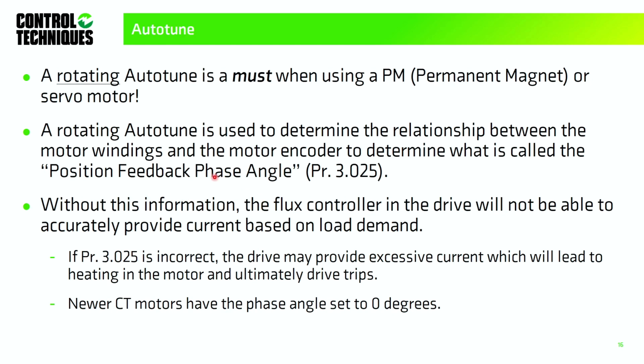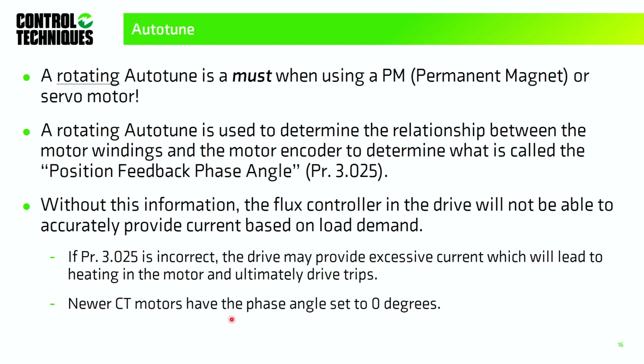Without a proper or correct feedback phase angle, the flux controller will not be able to accurately provide current based on load demand. The net result of that is the drive may provide excessive current, which will lead to heating in the motor and ultimately drive trips. So this parameter must be correct.